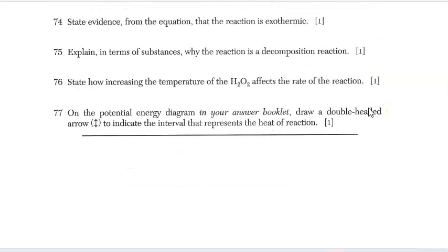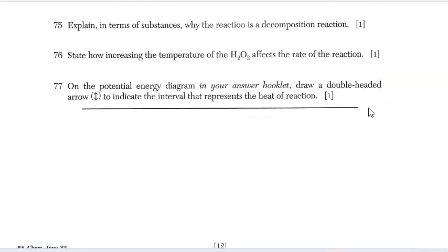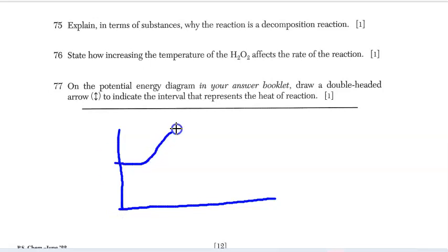And it says, draw a double-headed arrow to indicate the interval that represents heat of reaction. Heat of reaction is your delta H. That's the amount of energy that's given off. Remember, it's exothermic, between your reactants and your products. So this was what you would see on the answer booklet.